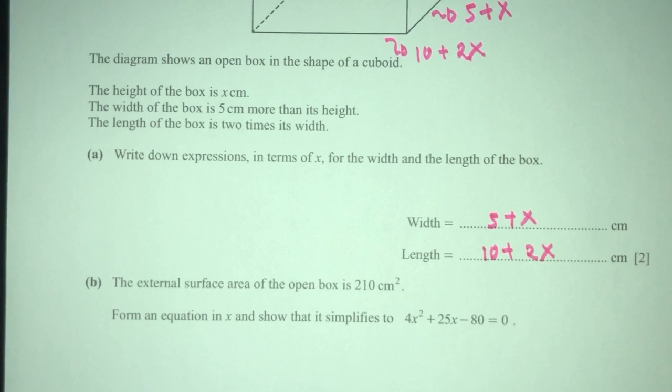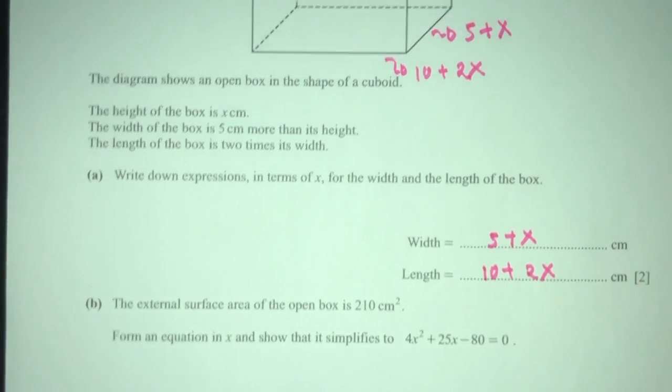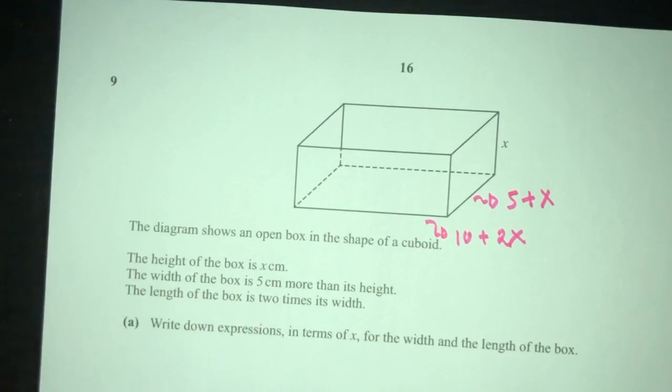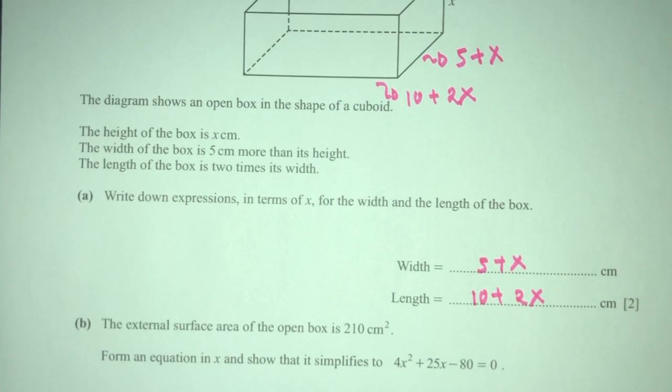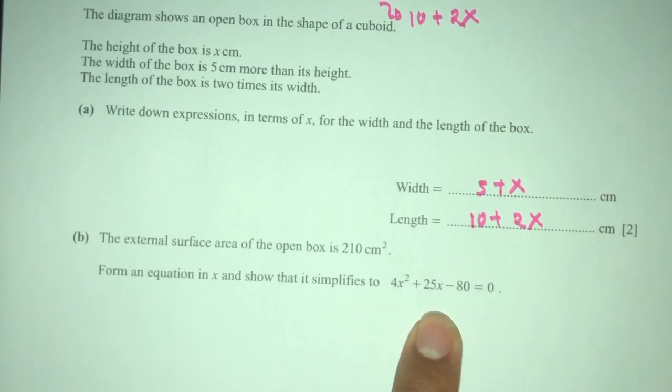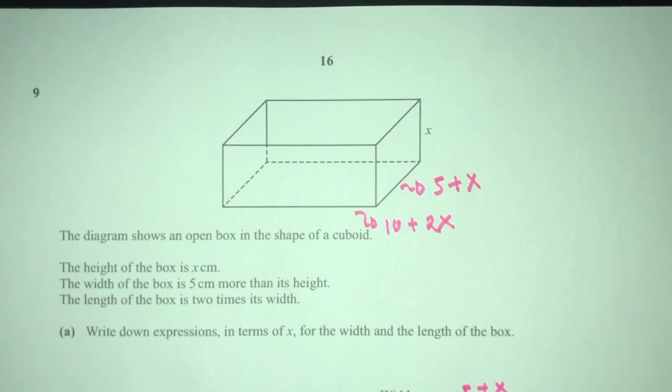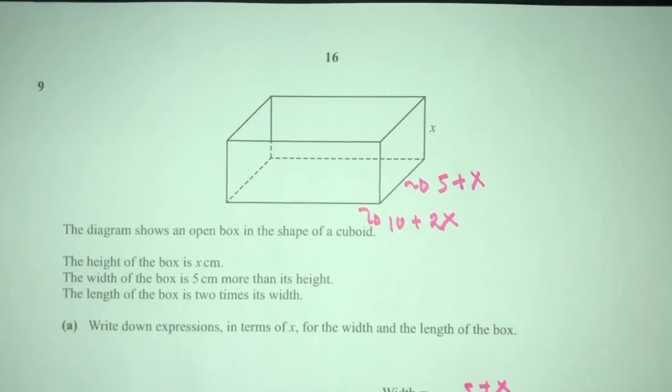Now, part B. The external surface area of the open box is 210. So if you add all the surface area on the exterior, you will have 210 centimeters square. Now we have to form an equation in x and show it simplifies to this. How would you find the total surface area? One by one.